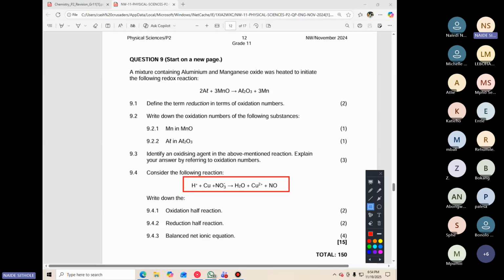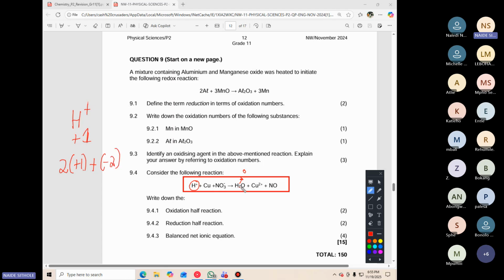We want to see which one undergoes oxidation. If we can look at this one here, check. H is positive 1 here. When it gets to this part, let's calculate the oxidation number of hydrogen here. For all of this here, this will be 0 on it, because we have 2 multiplied by positive 1 and then negative 2.